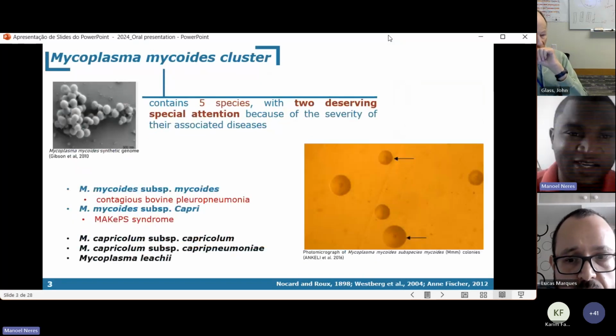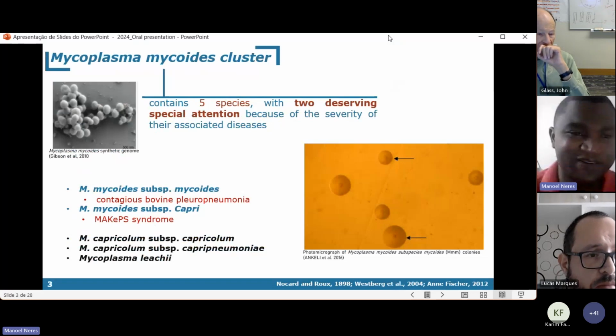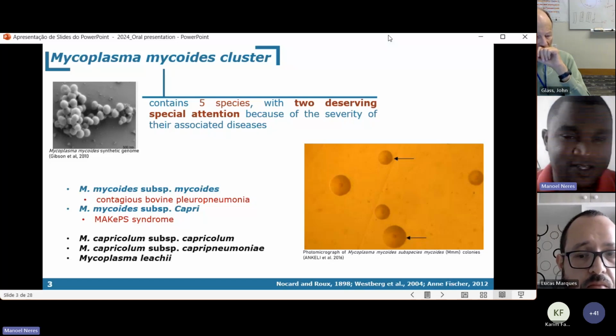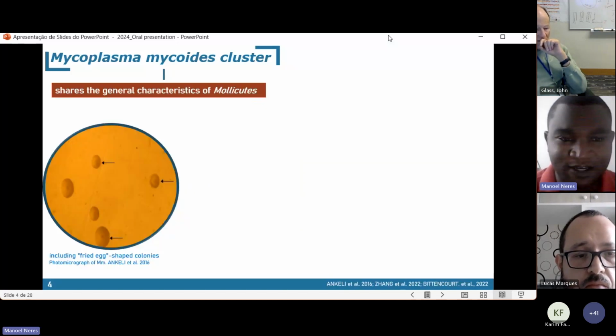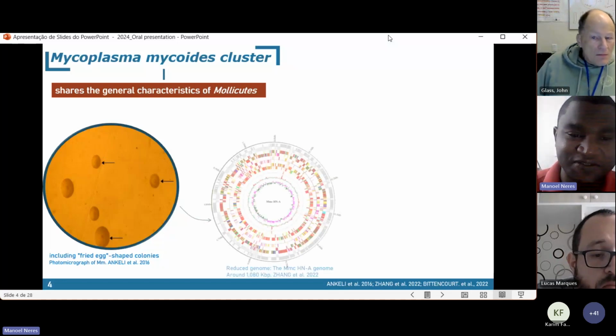Up to the present moment, the cluster contains 5 species, with 2 deserving special attention because of the severity of their associated disease: Mycoplasma mycoides subspecies mycoides, which can cause contagious bovine pleuropneumonia, and Mycoplasma mycoides subspecies capri, responsible for MAPS syndrome. These clusters share the general characteristics of mollicutes, including fried-egg-shaped colonies and a reduced genome.